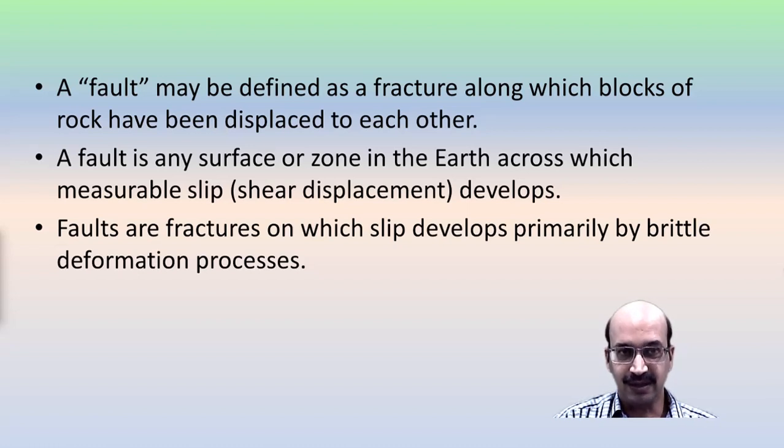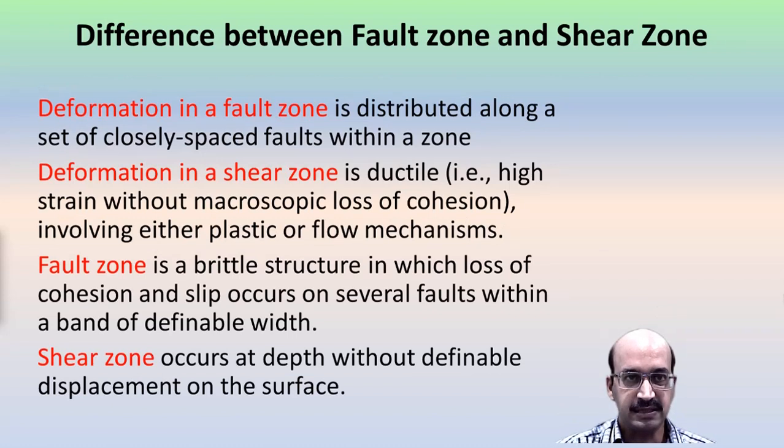A fault is a surface or a zone in the earth across which there is some measurable slip or shear displacement which has developed. Faults are the fractures on which slip develops primarily by brittle deformation process. Now let us try to understand about the difference between fault zone and shear zone.